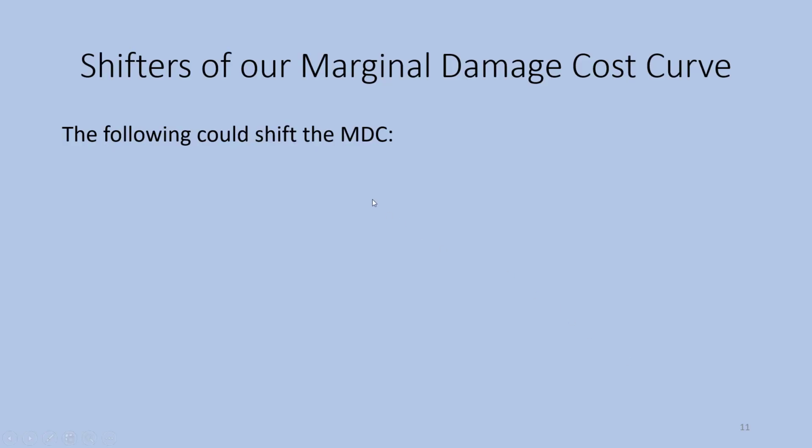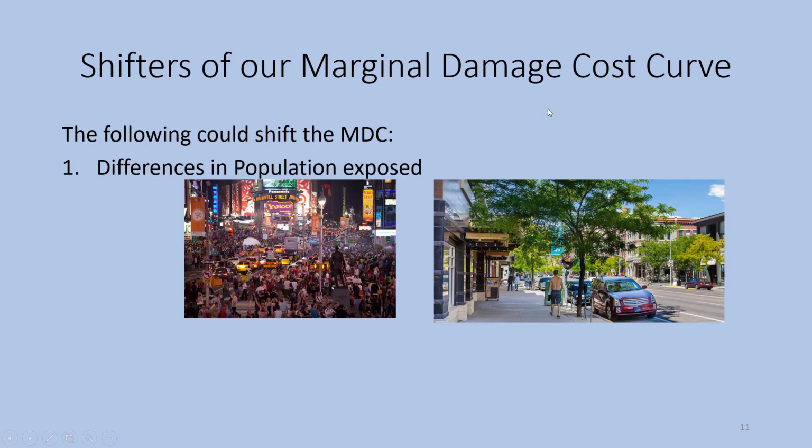Right, so here are some potential shifters of our marginal damage cost curve. One is the differences in populations exposed. Right, so for example, there are some places that just have a higher population density than other places, right? So if you're living in, say, New York City, the same amount of emissions is going to affect more people than if you lived in, say, some area of rural Montana, right?